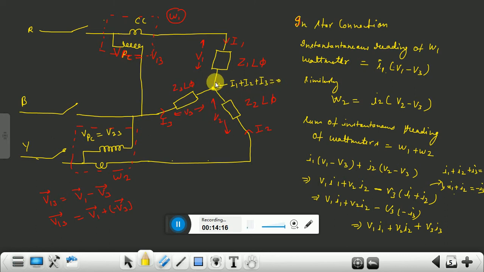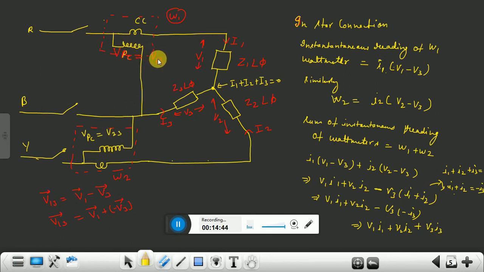The voltage measured by this pressure coil is VPC equals V23, meaning the voltage across the second and third phase, which is your line voltage.